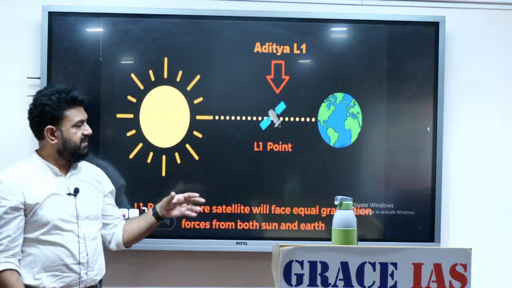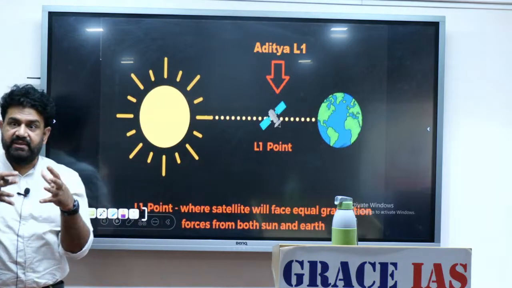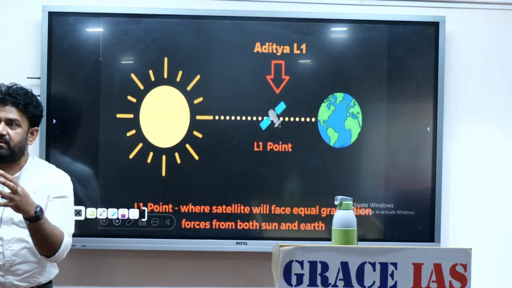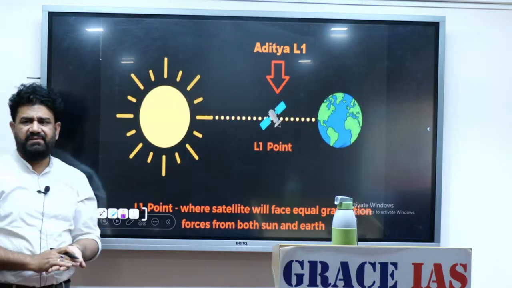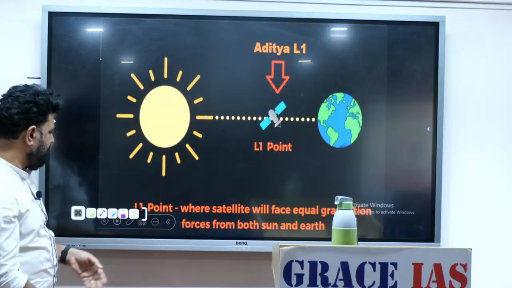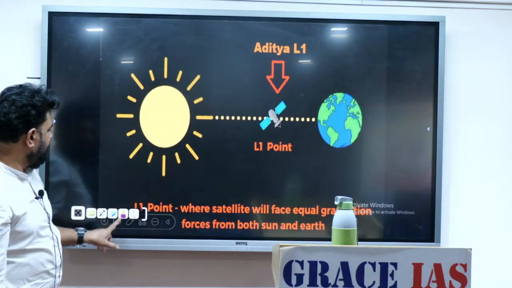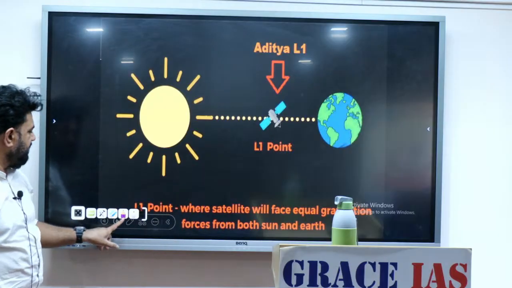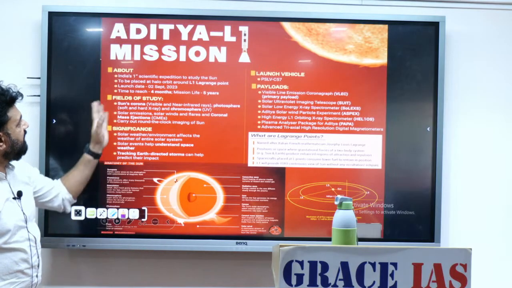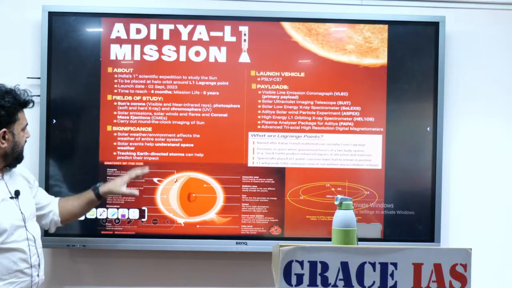So both gravitational forces work neutrally. That is when the satellite remains stable. You understand this? A lot of precision, a lot of study goes behind it. It's not simple. So Aditya L1 was a previous question here, and we have some details on the L1 mission.